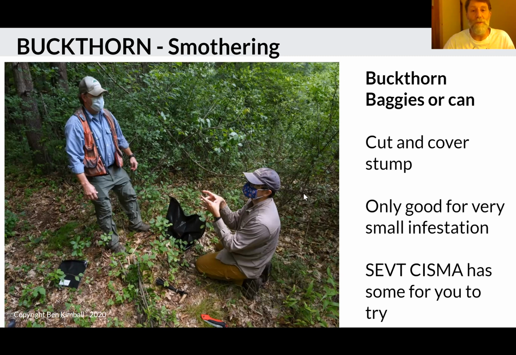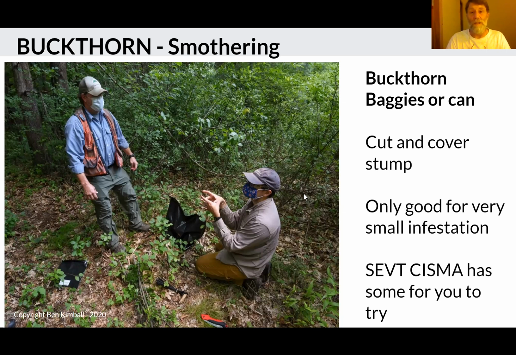Essentially what you do is you cut it down very low to the ground, maybe leave a couple inches of stem there, and then you cover it with this thing called a buckthorn baggie, which you can see between Sam and Jack there, which is just a really heavy duty plastic bag, and you take a zip tie and you put it around the base, and that kills any of the root suckers that would try to sprout after that's cut.